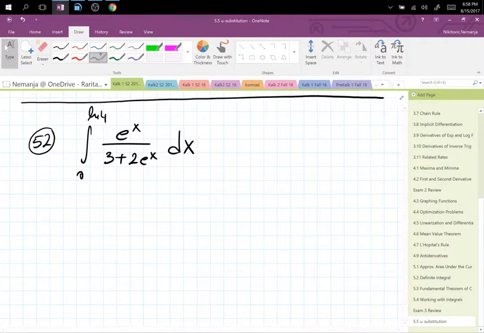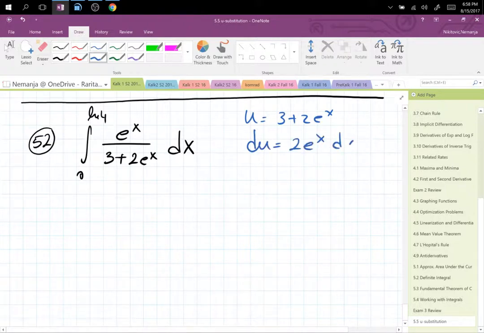What's u? At the bottom, 3 plus 2e to the x. Then du is 2e to the x dx. I don't have a 2, all right. Bottom limit: u1 is what?